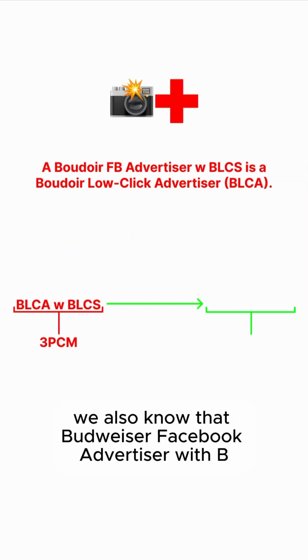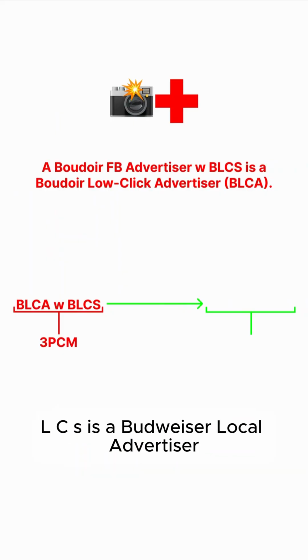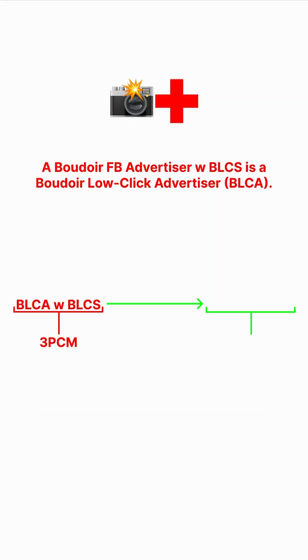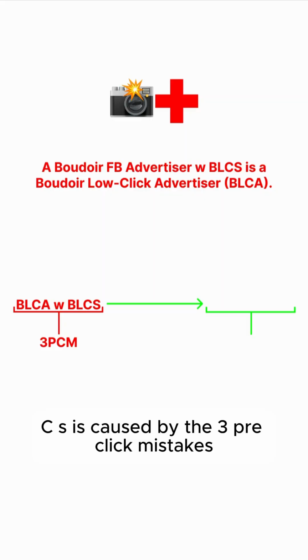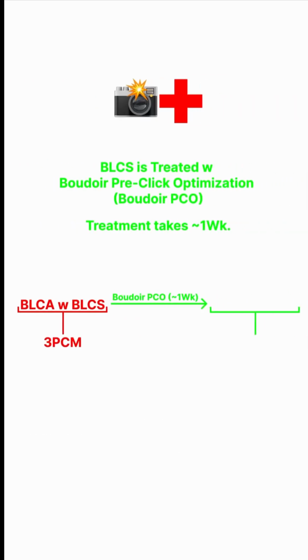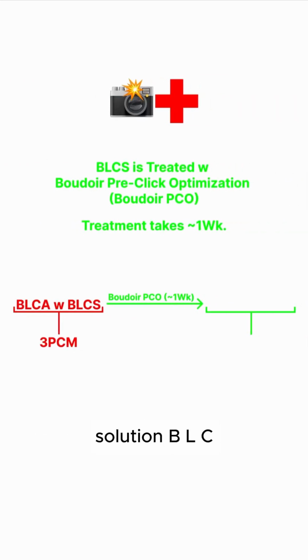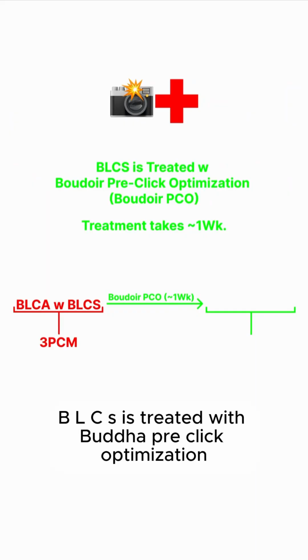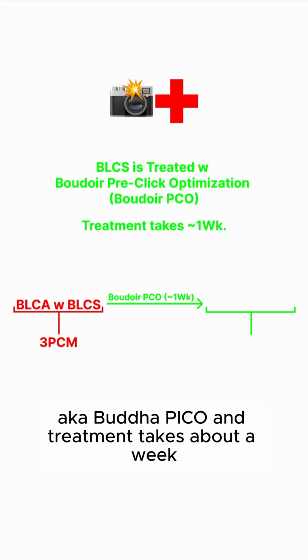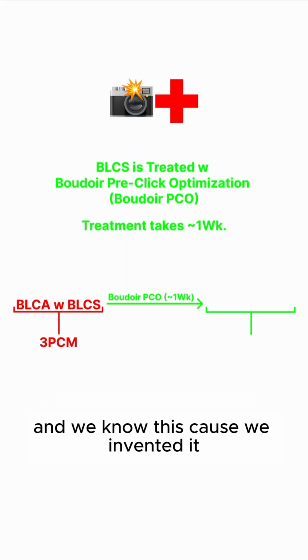We also know that a Boudoir Facebook advertiser with BLCS is a Boudoir low click advertiser, a BLCA. So, building our universe here, we have a BLCA with BLCS, caused by the 3 pre-click mistakes. Solution: BLCS is treated with Boudoir pre-click optimization, aka Boudoir Pico, and treatment takes about a week. We know this because we invented it.